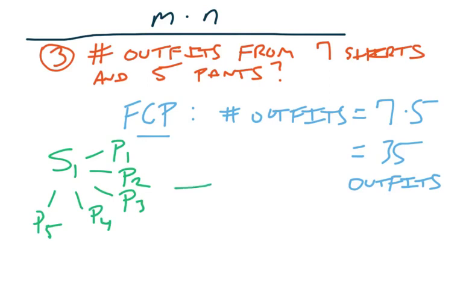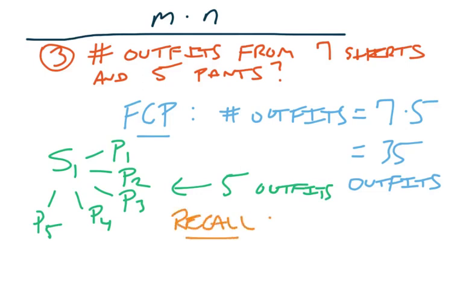Each one of these green clusters gives you 5 outfits. And then there would be a different cluster of 5 outfits for every one of the 7 shirts. In other words, you'd have 7 times 5 total outfits, which is exactly what we got using the fundamental counting principle.